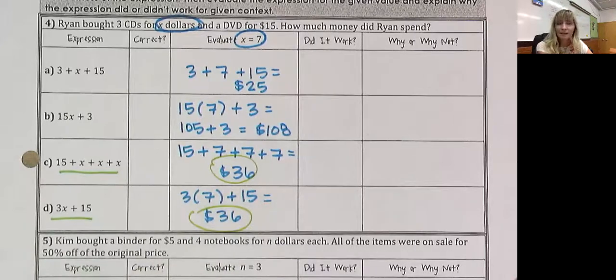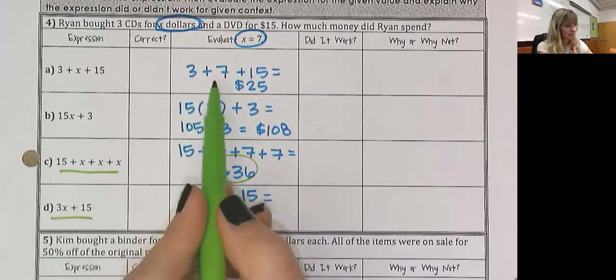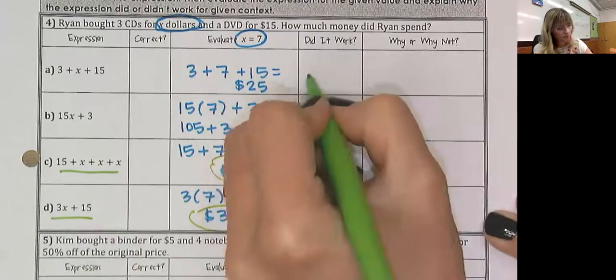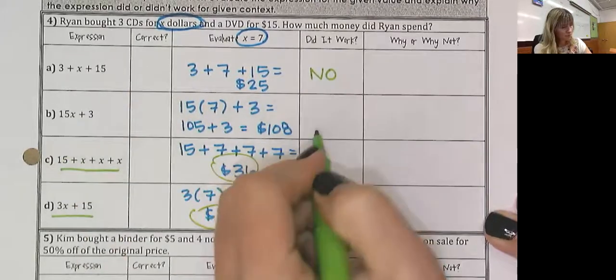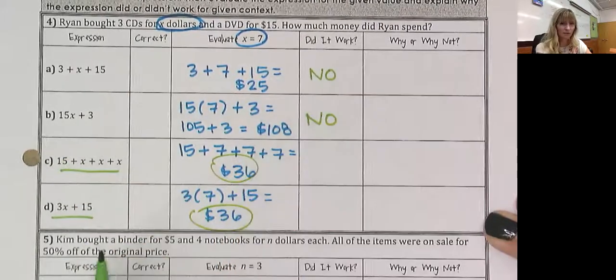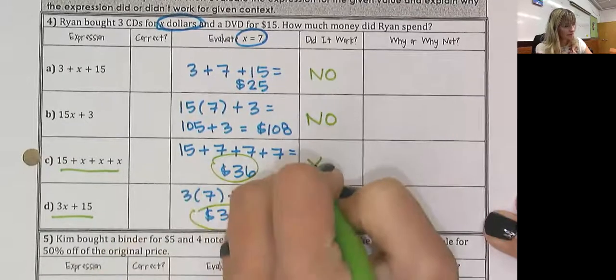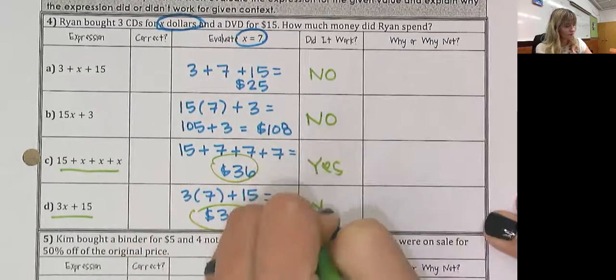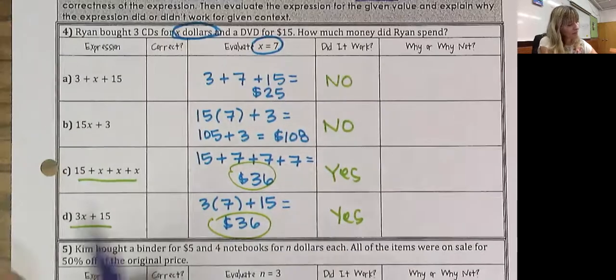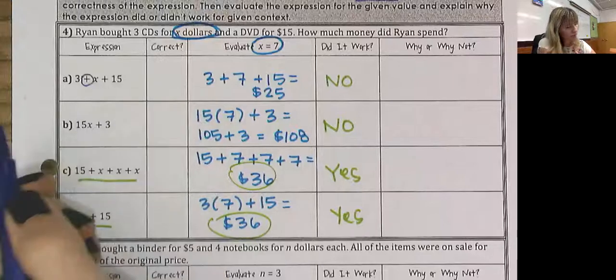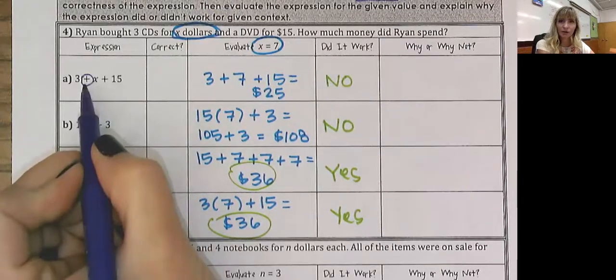Which answer makes sense here? How much money did Ryan spend? Does this one make sense? No. Does that match your guess? Does this one work? No, that is way too much money. That doesn't make any sense. Looks like these two worked. And over here, we're supposed to give an explanation as to why. So if I'm looking at this one, the real problem with this expression is the addition right here.